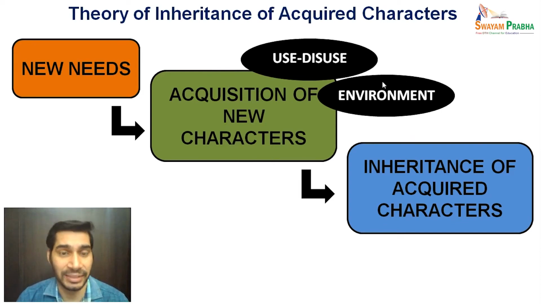And these characters which the organism acquires because of either of these two, it transmits to the coming generations or the progenies. So these are inherited by the progenies, which is termed inheritance of acquired characters, and which keep on accumulating generation after generation, leading to origin of new species. So this is the simplified version of the postulates of the theory of inheritance of acquired characters as given by Lamarck.